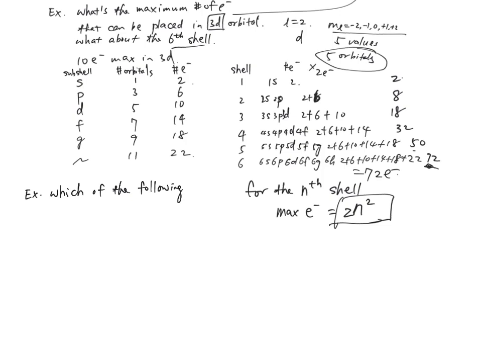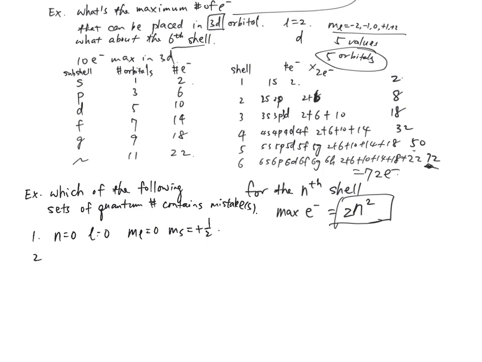Which of the following sets of quantum numbers contains mistakes? Number 1: n equal to 0, L equal to 0, ML equal to 0, and ms equal to plus 1/2.